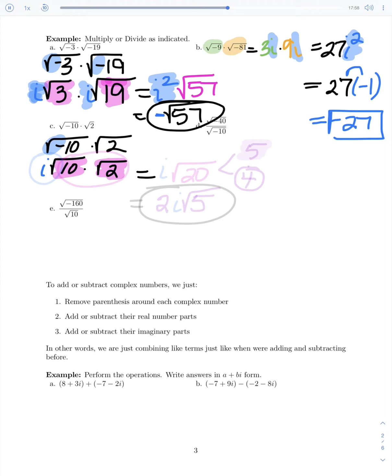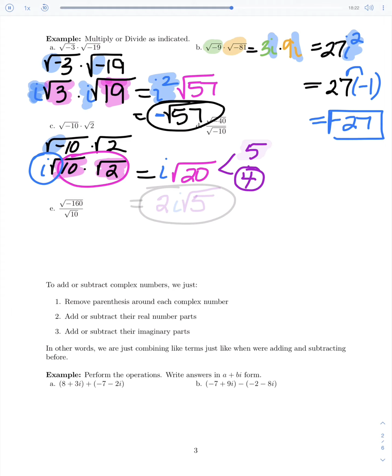So the square root of 2 times the square root of 10 will become the square root of 20. Now we already pulled out an i. It hasn't gone anywhere. It's still out in front, so we'll still have an i. You're almost done, though. You can break down the 20. Remember, the 20 is 5 times 4, and we can take the square root of the 4.